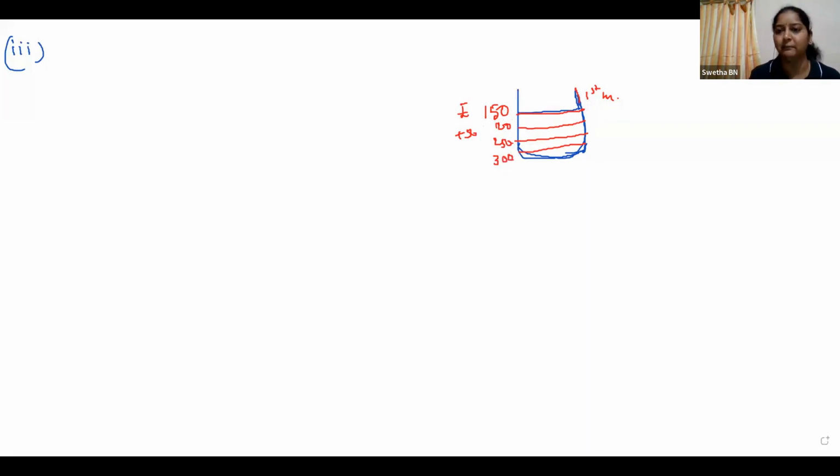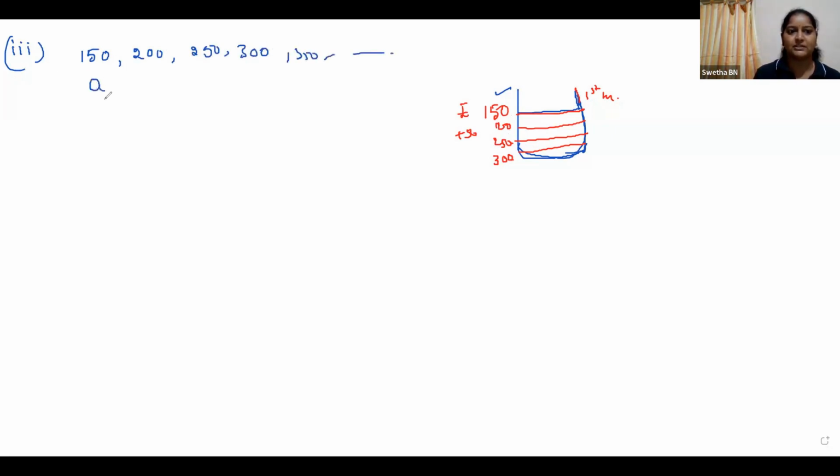Did you understand the sum? Yes, ma'am. So for the first meter, it is 150. For each subsequent meter, it is increased by 50 rupees. So what is the first number here? 150. Second number is 200. Next third number is 250, 300, 350, and so on.